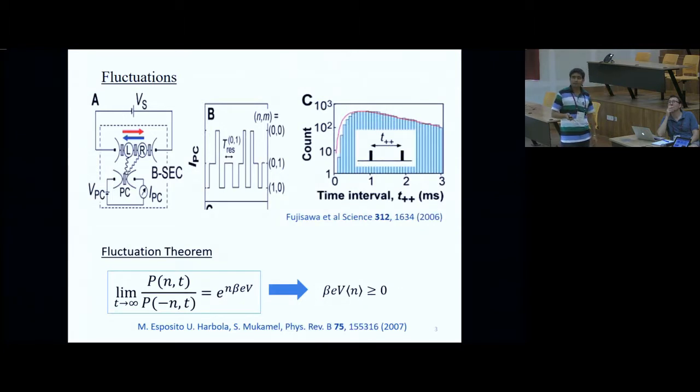And in this case, N beta eV is nothing but N number of particles transferred from left to right with this bias energy eV. And this is actually the entropy flow from the left lead to the right lead, or left side to the right side of the circuit. So this is nothing but the entropy flow, which can fluctuate because N is a fluctuating quantity.